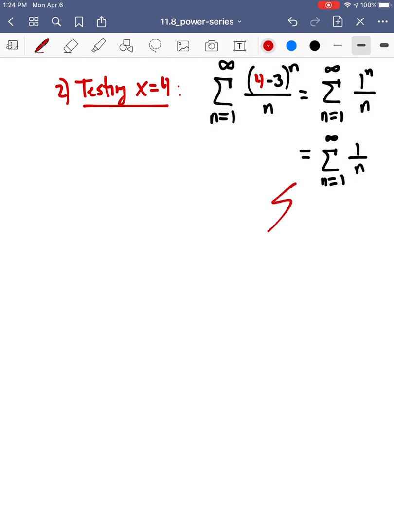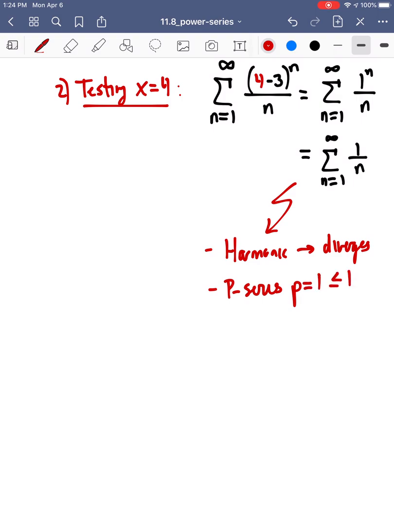And this series is harmonic, so it diverges. Or we could also say it's a p-series with p equals 1, which is less than or equal to 1, so it diverges that other way as well.